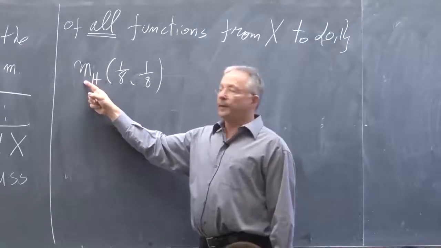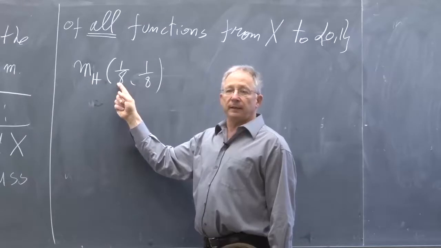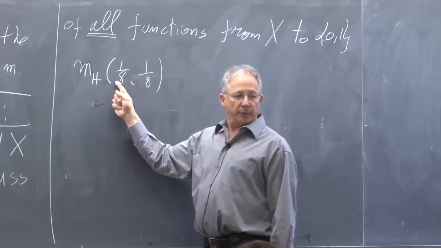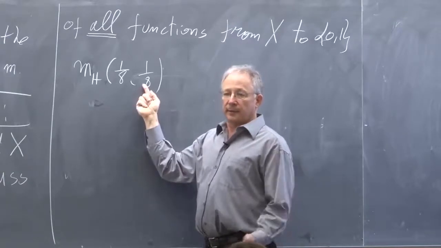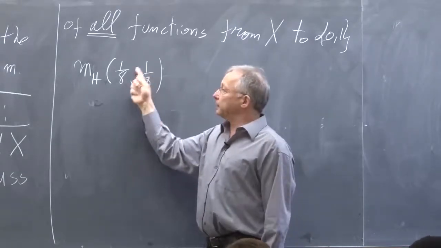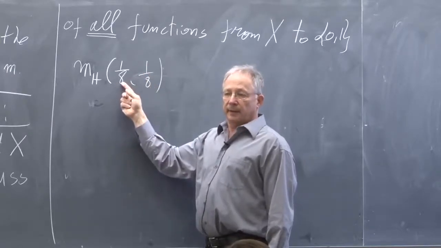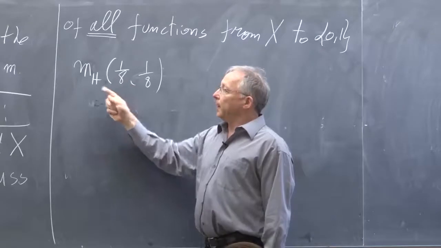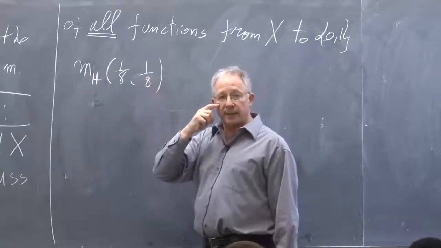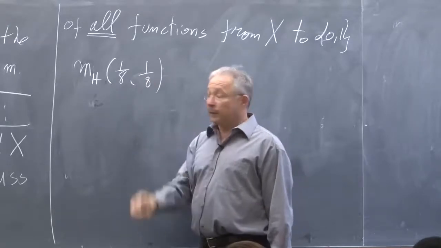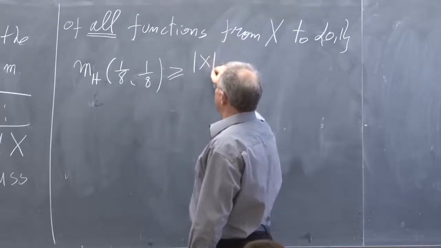It is the minimum number of examples that I need in order to guarantee accuracy 1/8 with confidence 7/8; I mean, the probability of failure is at most 1/8. I want to ask how many examples I need to guarantee such success with any algorithm. And the claim is that this should be at least |X|/2.